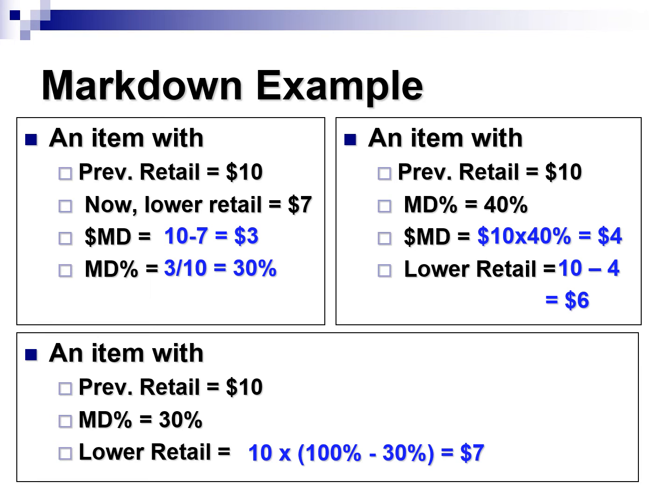And I hope that you understood that the formulas that we saw on the previous slide are really not hard concept formulas. It is just that you really need to understand the organic relationships among these numbers: the dollar markdown, lower retail price, previous retail price, and markdown percent. These four numbers, what are their relationships? How are they related to one another?